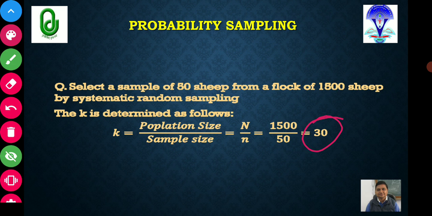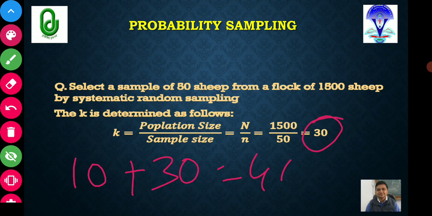So from 1 to 30, out of the total 1500 sheep, you have to choose any one sheep randomly. Suppose I have chosen the 10th sheep. The next sheep that I will select will be 10 plus 30, which is the 40th sheep.